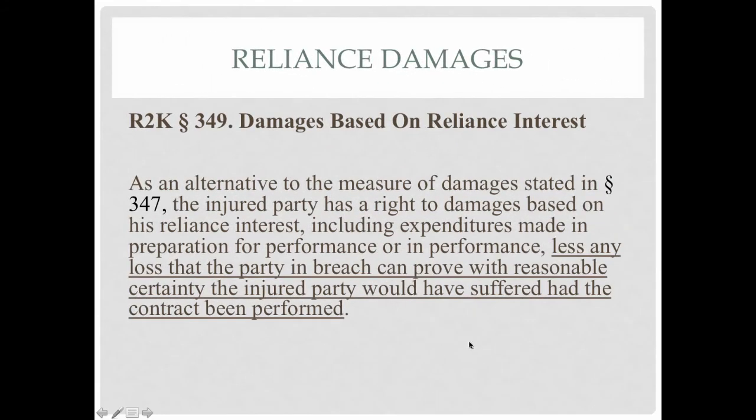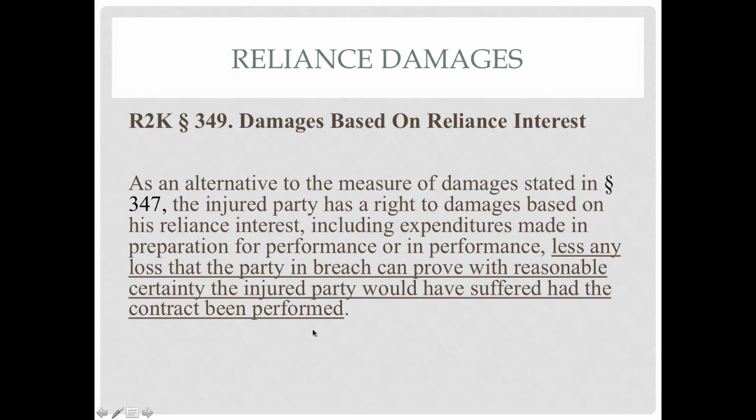We'll see how this works out in Restatement Section 349 as an alternative to the measure of damages stated in 347. So that 347 is value promised minus value received plus other losses minus costs avoided minus losses avoided, our formula for expectancy damages. The injured party has a right to damages based on his reliance interest, including expenditures made in preparation for performance or in performance, less any loss the party in breach can prove with reasonable certainty the injured party would have suffered had the contract been performed.